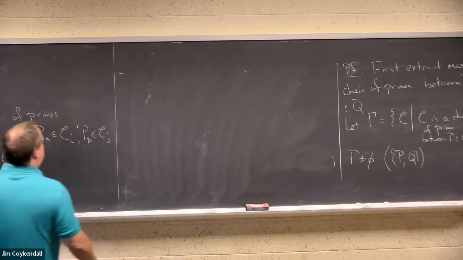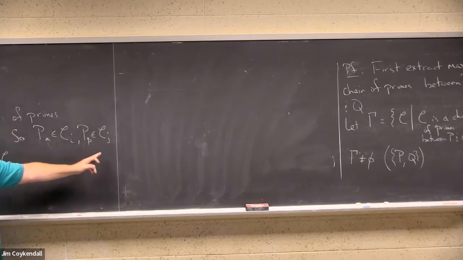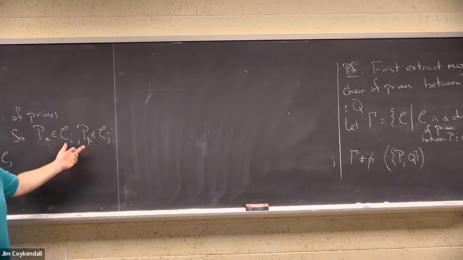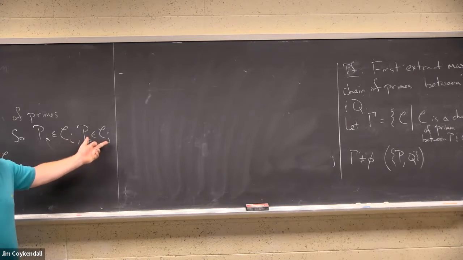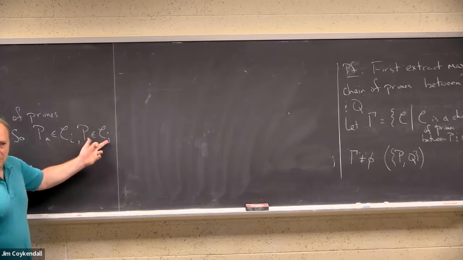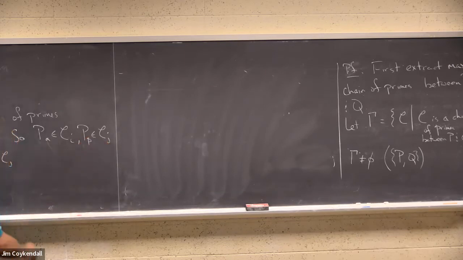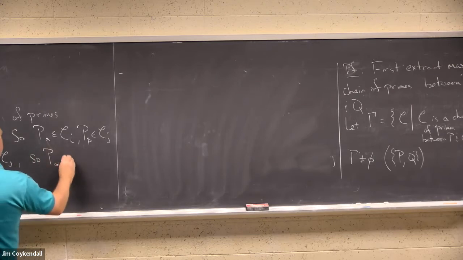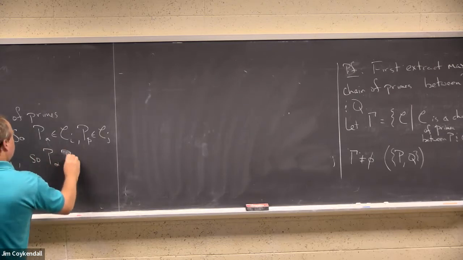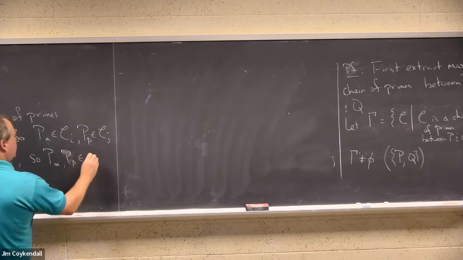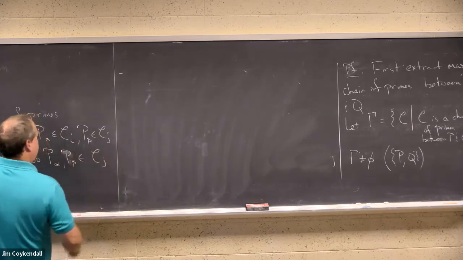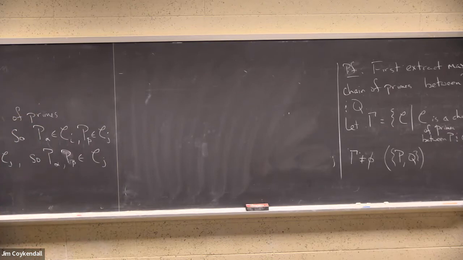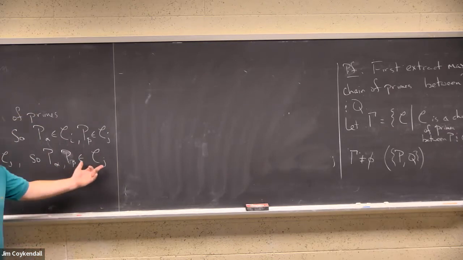So what we have here is C_I is contained in C_J. So C_J is a chain that's sort of finer than C_I because it contains more prime ideals. So in particular, P alpha and P beta have to be in this larger chain.